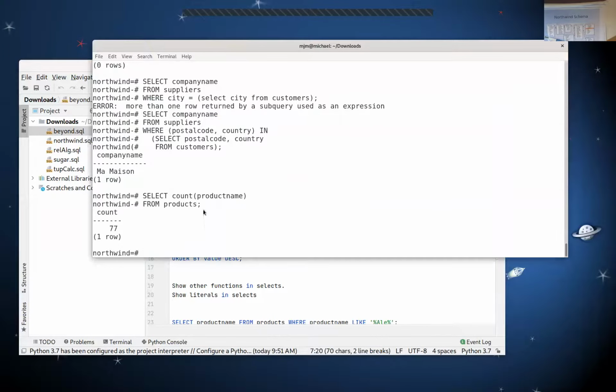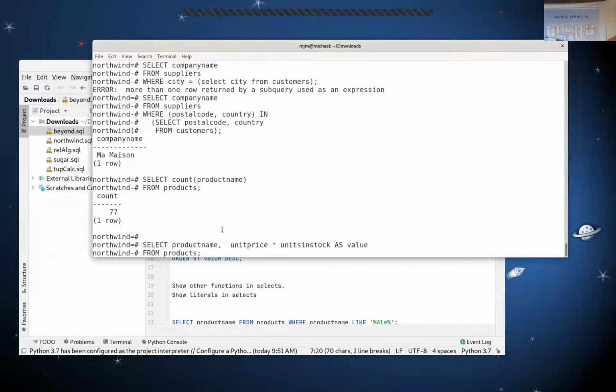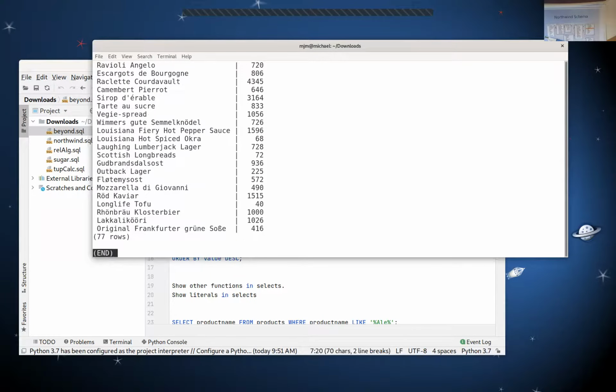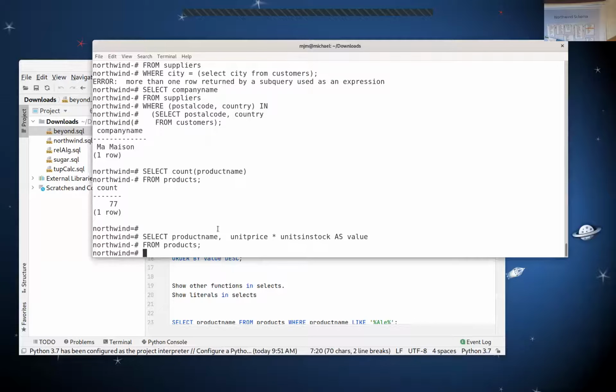Notice you can't do this in the traditional relational algebra, unless, well, could you? You talk to some mathematician and the mathematician says, oh, yes, you can, because all you have to do is define a multiplication table. So you'd have to have an extra table that defines multiplication, probably up to a certain precision. But that's impractical.